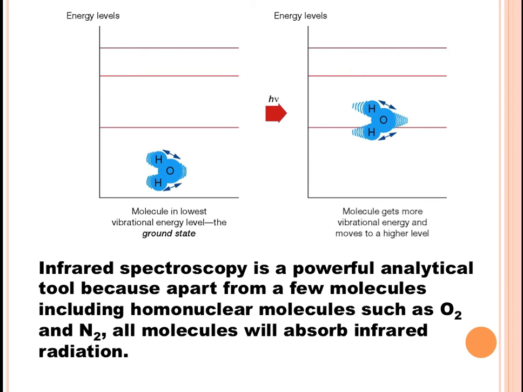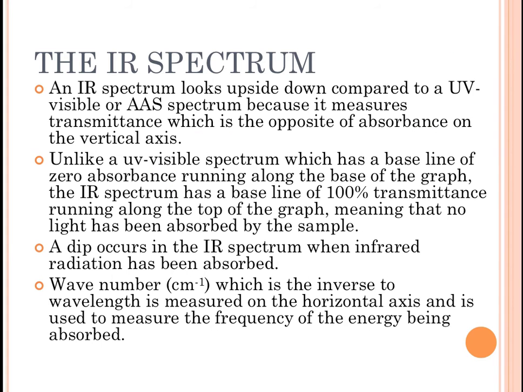Okay? So what we're doing, we've got it in its lower state, we add energy, and it transfers it to a higher state. And it works for all molecules except those which we'd call homonuclear, meaning they've got the same nucleus on both sides. So that's like your diatomic gases. Yeah, H2, N2, Cl2, that's not going to absorb IR. Everything else will, if it's got a covalent bond in it.